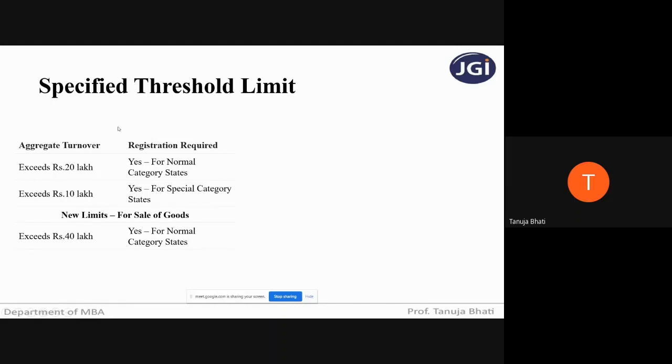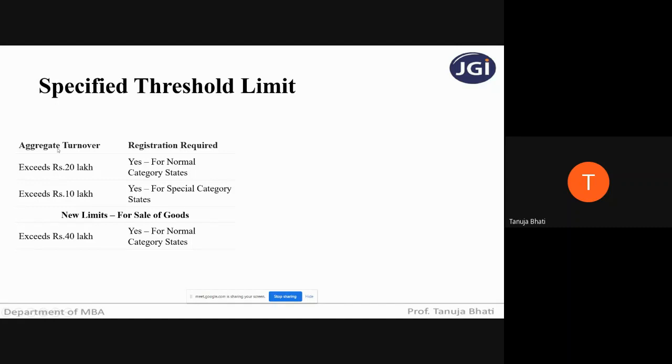So just remember, when the aggregate turnover of a person supplying services. Earlier for goods and services, there was only one threshold limit. But now there is a change where for goods, the threshold limit is different, and for the service provider who is providing services, the threshold limit for registration is different.